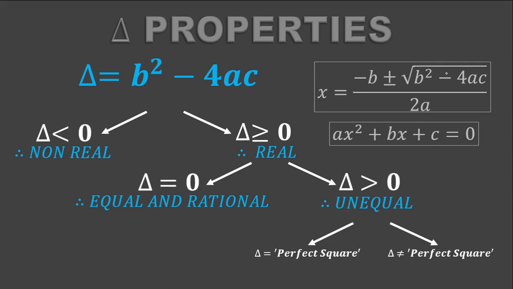If it's a perfect square, like if this is 49, then the square root of 49 is 7. So then you'll again just have an integer over an integer, or in other words, it will be rational. And if it's not a perfect square, then you're going to have an irrational root. So this is the summary of what happens depending on the value of the discriminant.